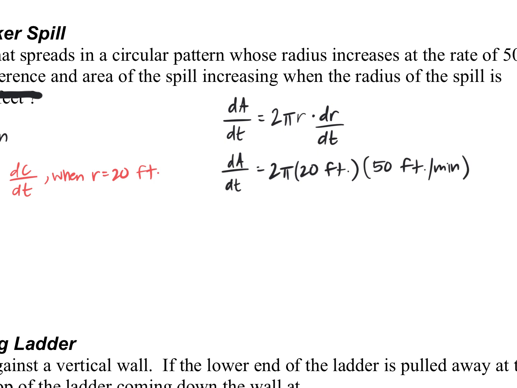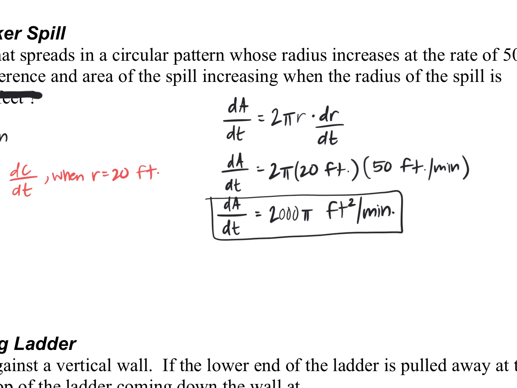And when there's a pi, we're going to leave our answer in terms of pi. So if I multiply all this together, our area is increasing at a rate of 2,000 pi feet squared per minute. That makes sense, since area should be squared, and it's a rate, so it should be per time, in this case per minute. So the area of the oil spill is increasing at a rate of 2,000 pi square feet per minute.